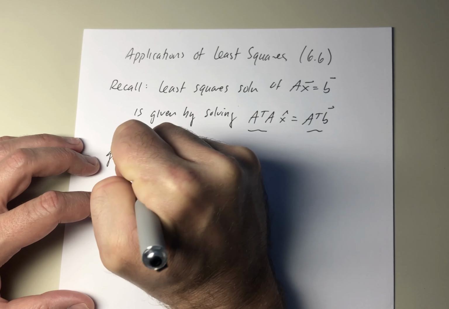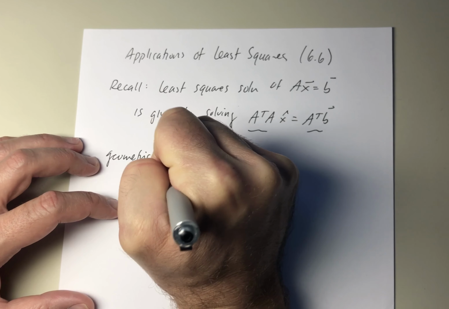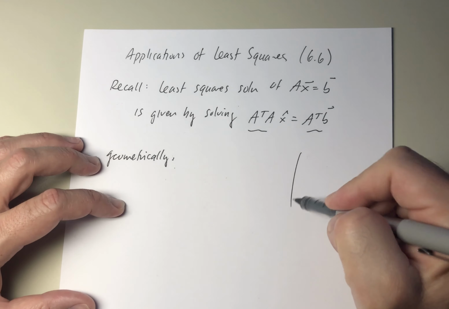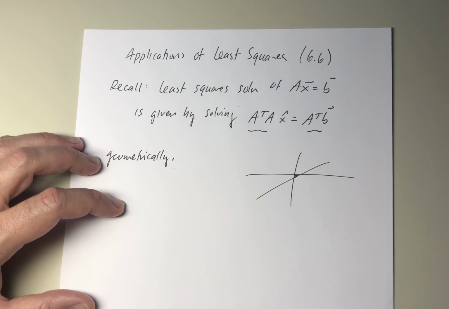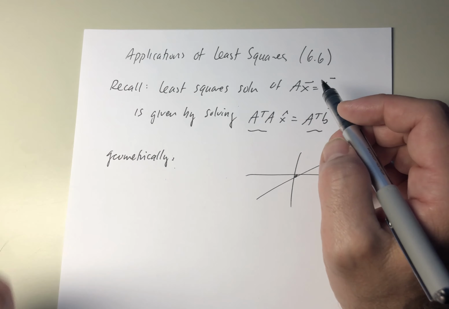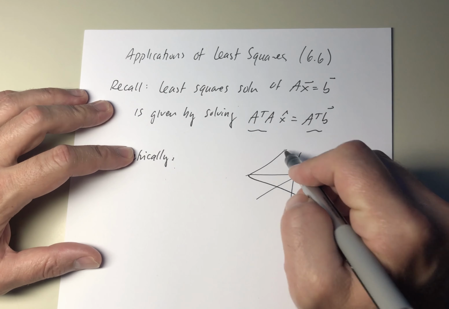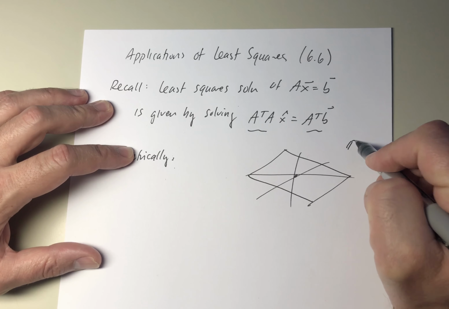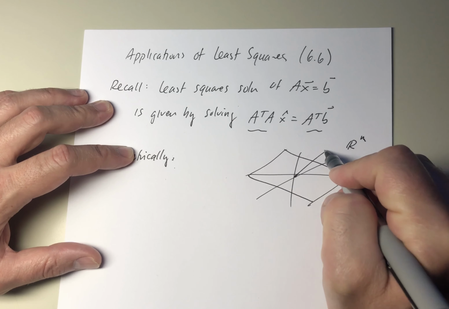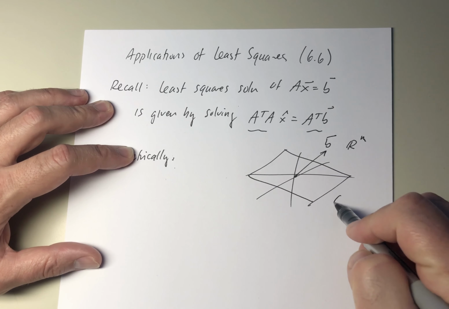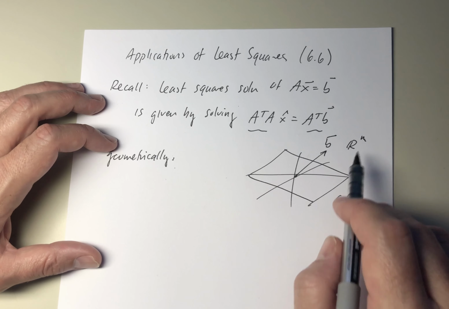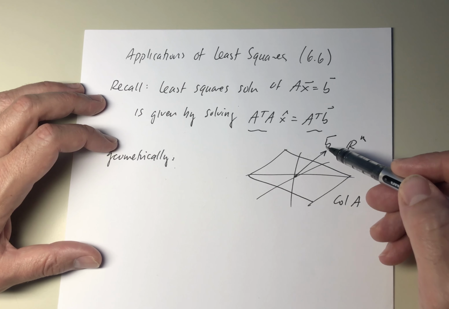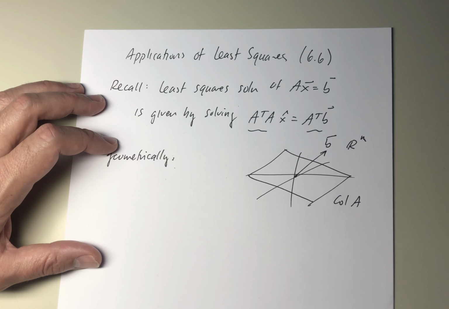I like to think about this geometrically, as we discussed last time. A is a matrix from Rn to Rm. You've got the column space in Rm, and you've got a vector b. Sometimes b is in the column space, in which case you have a consistent system, Ax equals b.